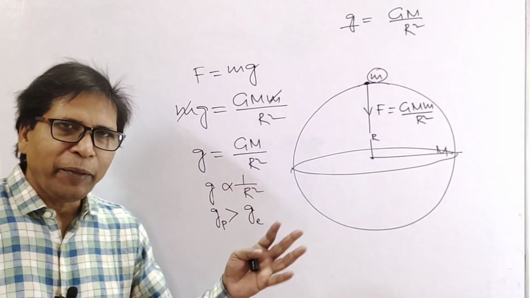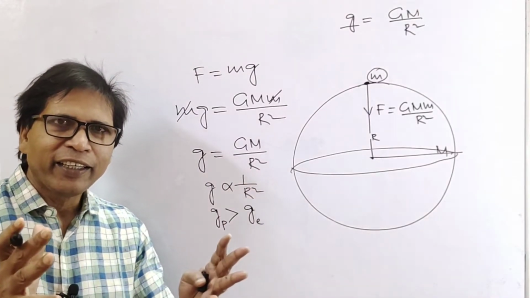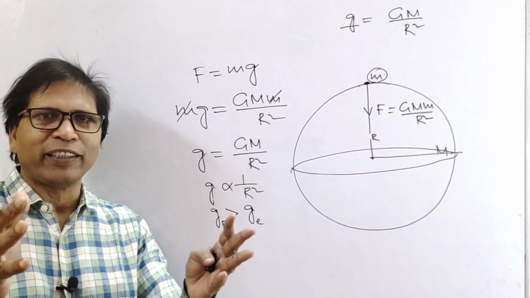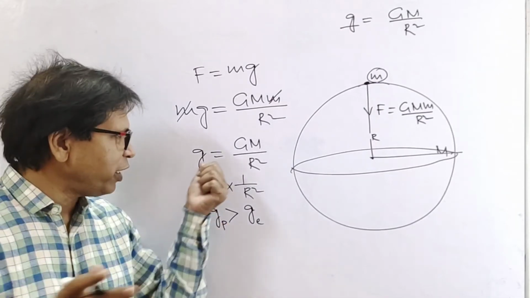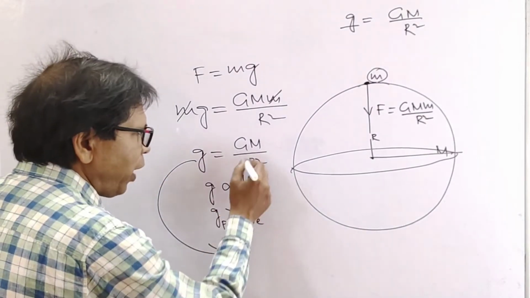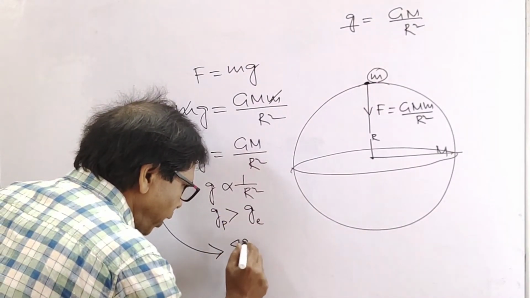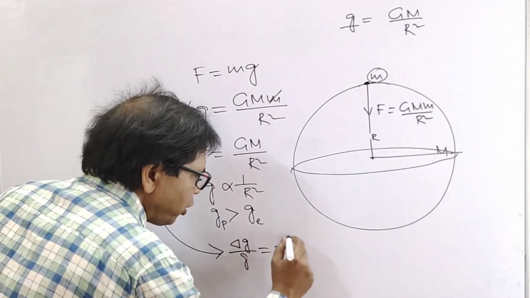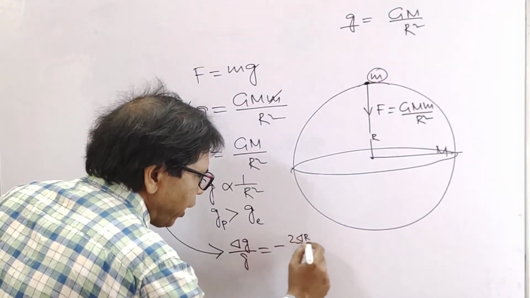Okay, if the Earth shrinks such that its radius decreases by 1% or 2%, how does g change? For small variation of r, delta g by g equals minus 2 delta r by r.